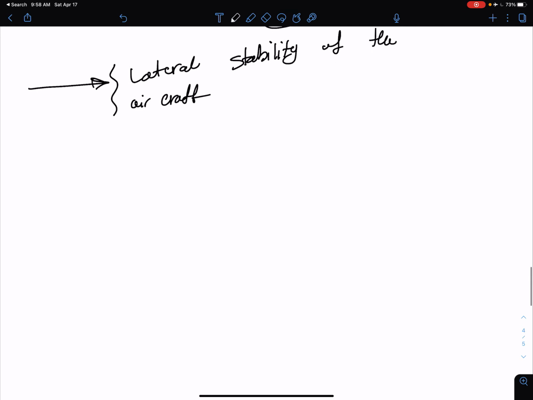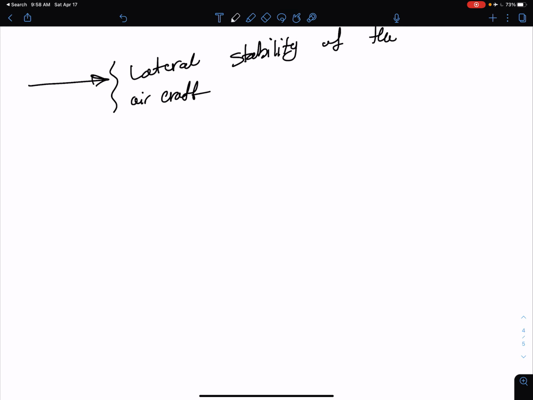Okay, stability of the aircraft. What does this mean? How do they affect the lateral stability of the aircraft? You may actually want to ask, what is the lateral stability?